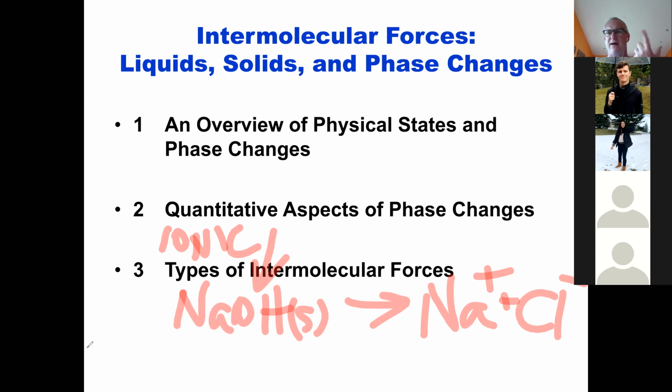And we found out from the work we've been doing earlier that breaking bonds takes heat. That is an endothermic process. Forming bonds makes heat. It releases energy. It's an exothermic process. So what bonds are being formed?